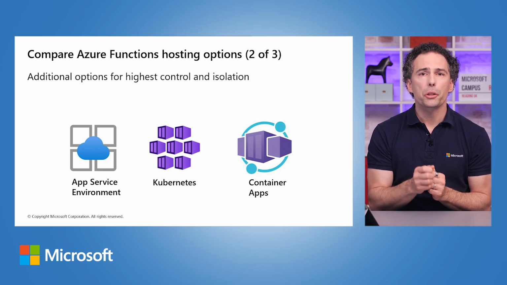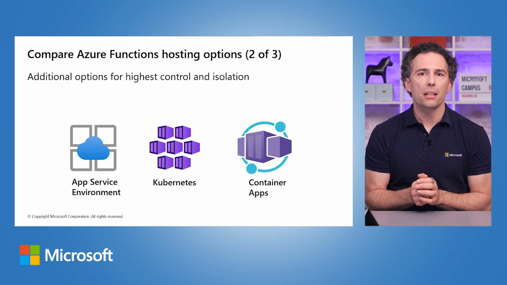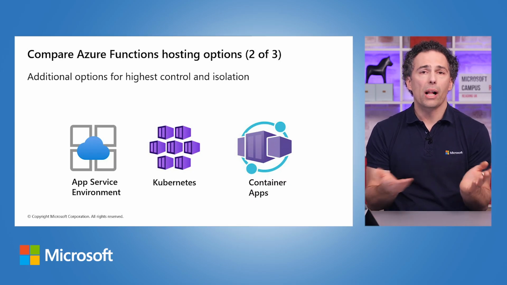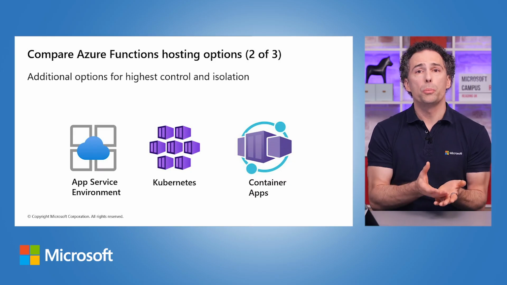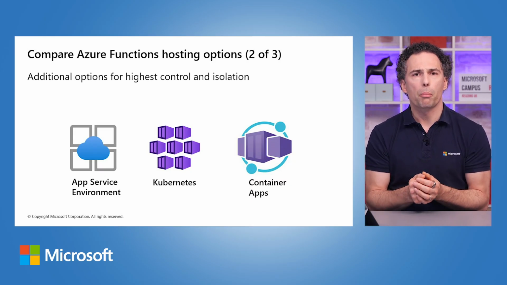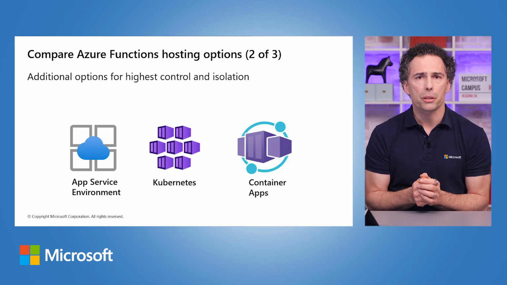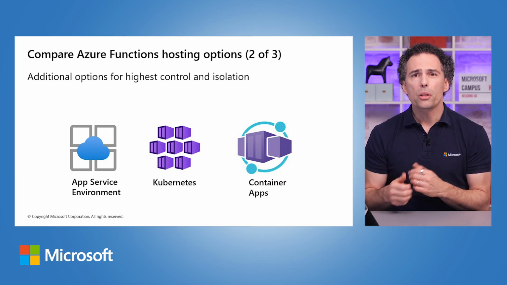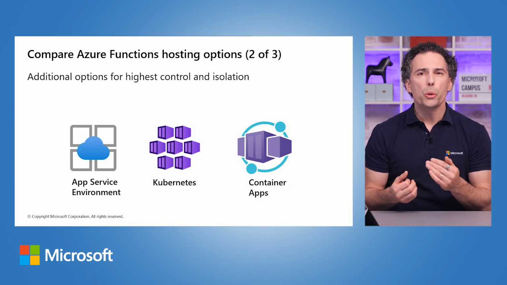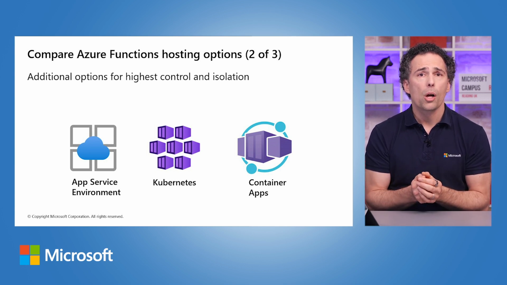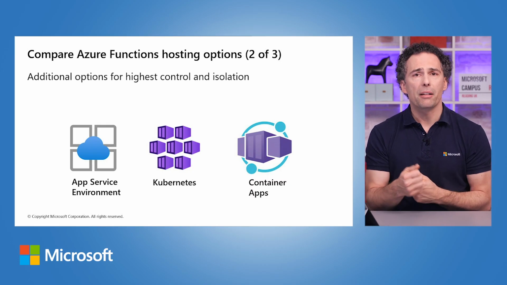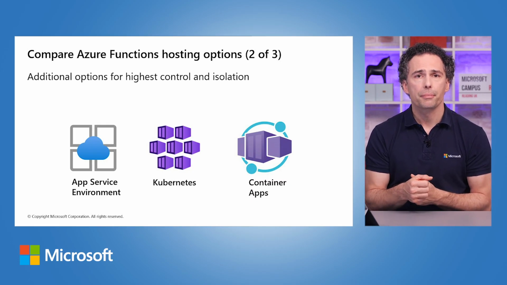You can let your function app run on any Kubernetes cluster, either on Azure or elsewhere. And Container Apps is a serverless platform based on Kubernetes that simplifies the deployment of containerized applications. These options are for advanced scenarios where you need to meet strict compliance or regulatory requirements, or where you want to leverage the benefits of Kubernetes.